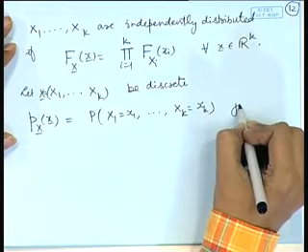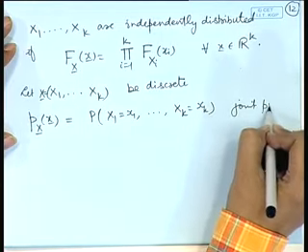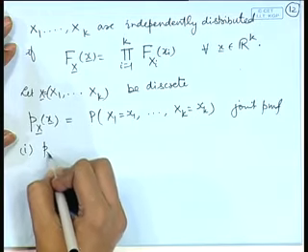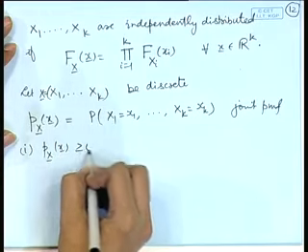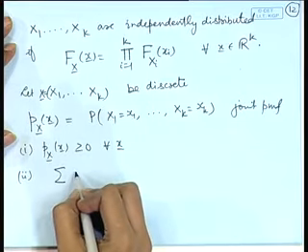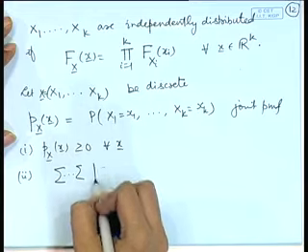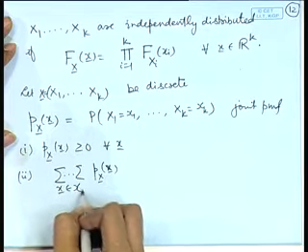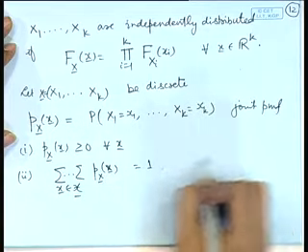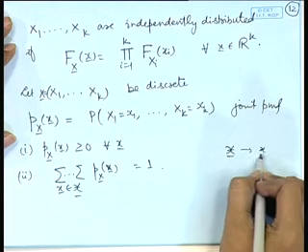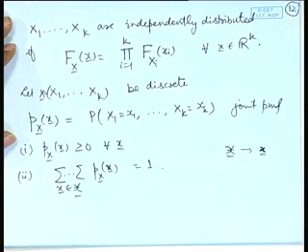So, this is the joint probability mass function. It will satisfy the properties that P_X(x) is greater than or equal to 0, and the sum over all the components must be 1, where X is the set of values of x.